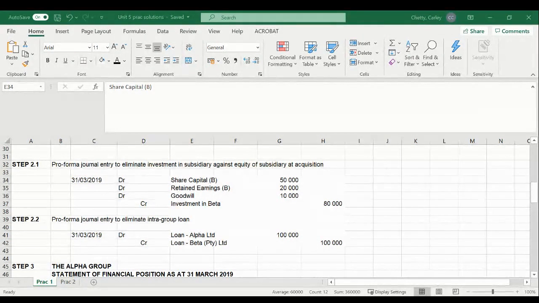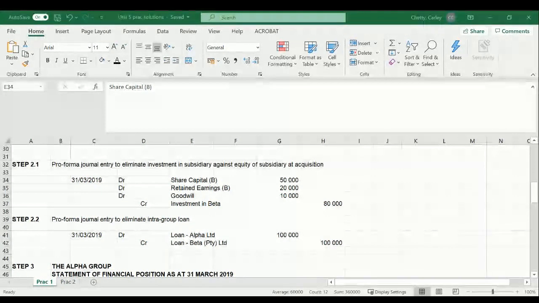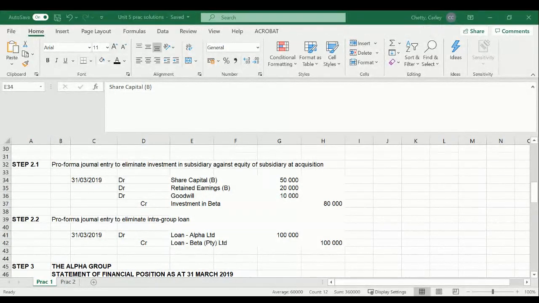But when we combine Beta's books and Alpha's books and prepare the consolidated financial statements, we need to eliminate the share capital. So we are going to debit share capital of Beta, and that was 50,000.